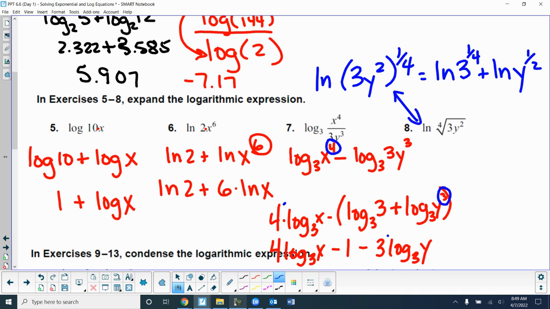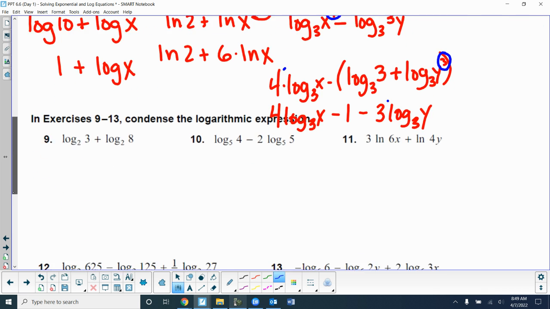Same reason. Again, rules of log say we can do that. So this is 1/4 times the natural log of 3 plus 1/2 natural log of y when you're all done. Expanding: multiplication becomes addition, division becomes subtraction. Any exponents go out front and multiply by the log.